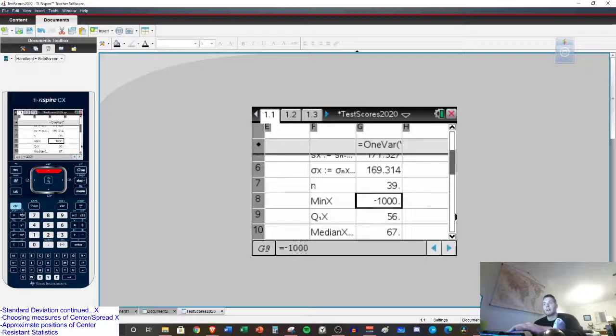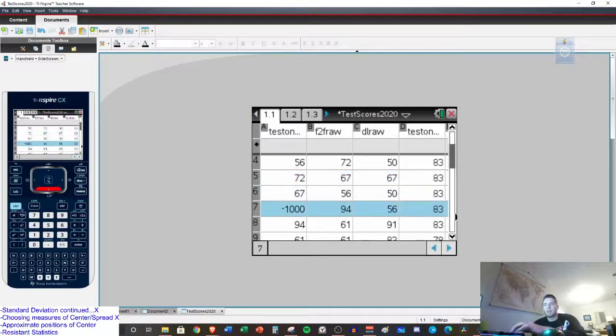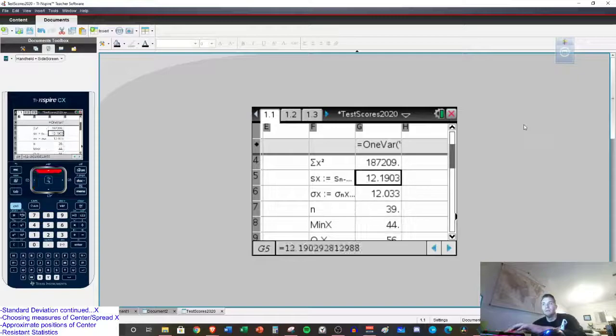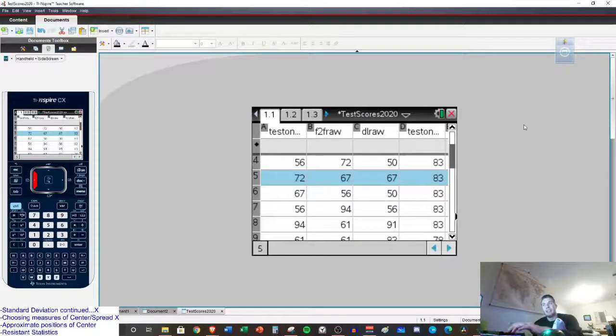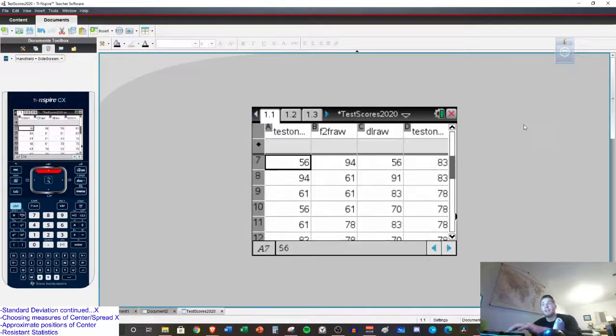So now we want to talk about standard deviation. So let's go up here. When it's negative 1,000, the standard deviation is 171. That seems extremely large. Let's go back to 56. 12. So there's a huge difference in standard deviation, which makes sense because it's the average distance from the mean. If this negative 1,000 is put in, it is a very far point, even from that mean of 41.